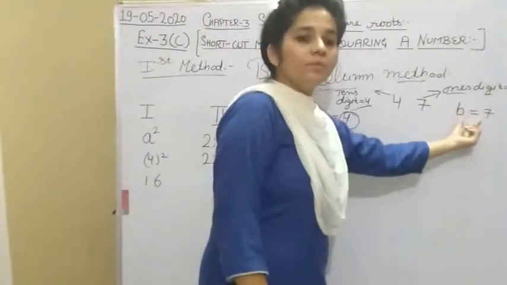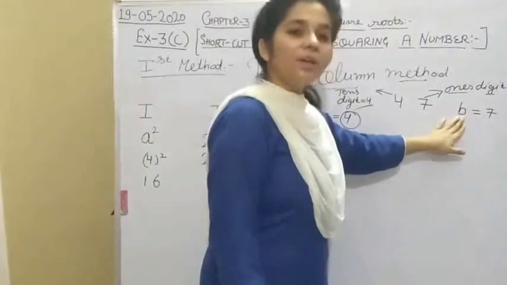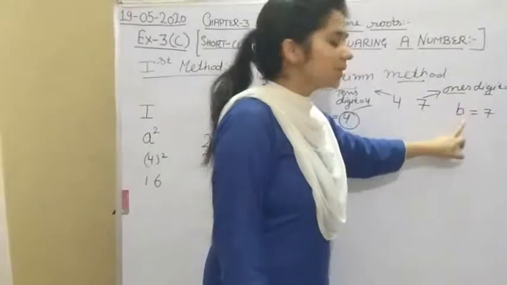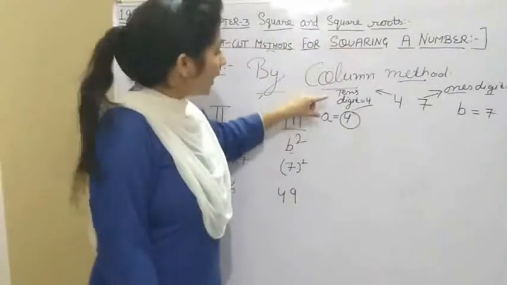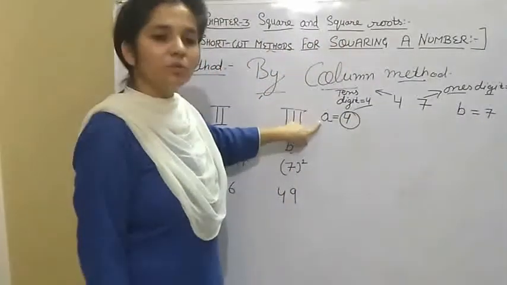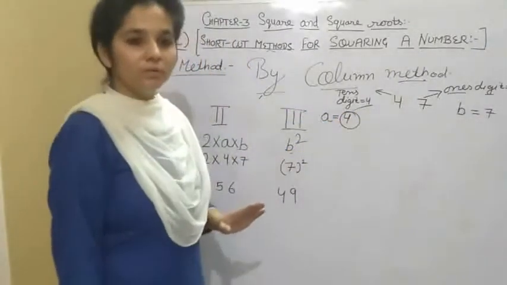Give the name b to the ones digit, b equals 7, and the tens digit is a, and the value of a will be 4.